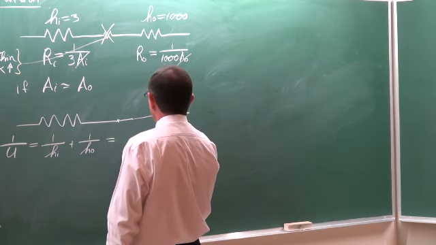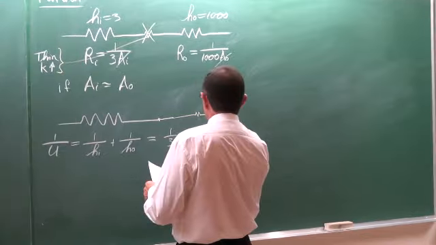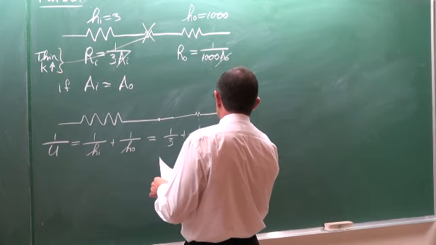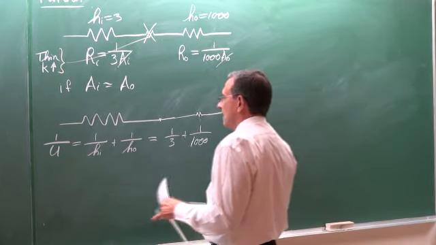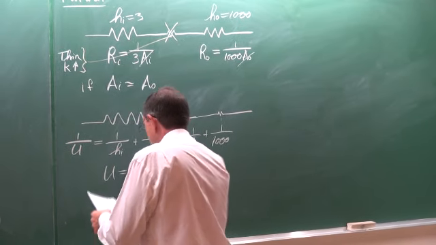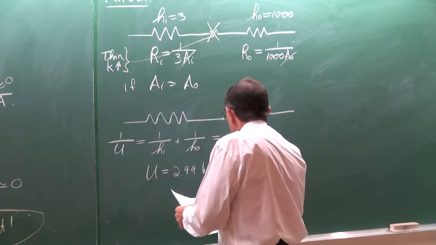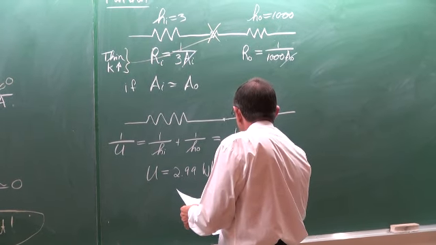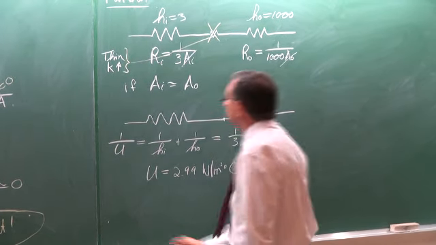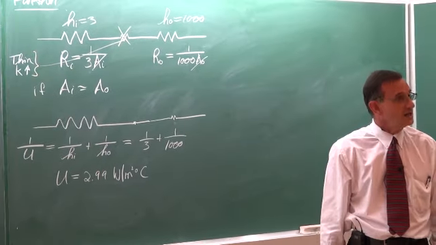That would be equal to 1 divided by 3 plus 1 divided by 1,000. And the result is, if we calculate the overall heat transfer coefficient, it is equal to 2.99 watts per square meter degrees Celsius. What does it mean?